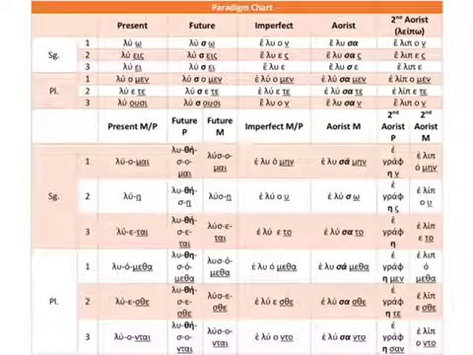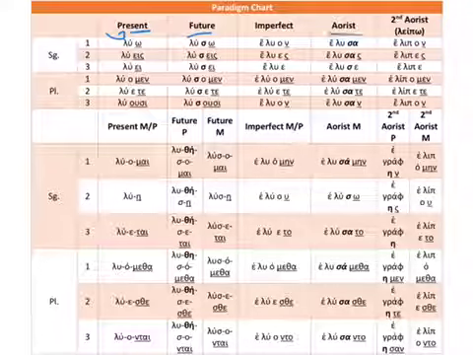Any questions? If you realize this is a lot of things to recognize, and in your book it'll say principal parts. So present active would be one principal part. Future would be another principal part.